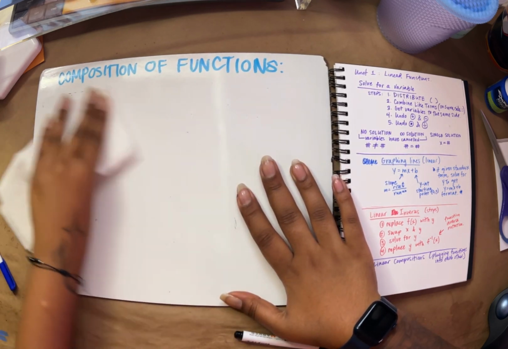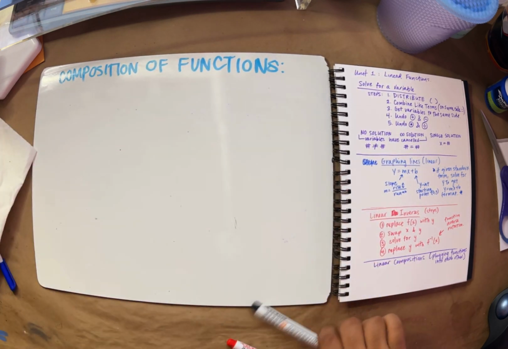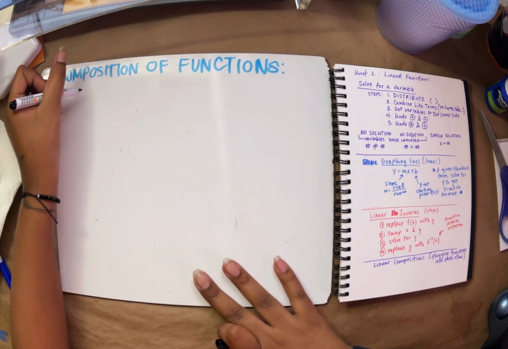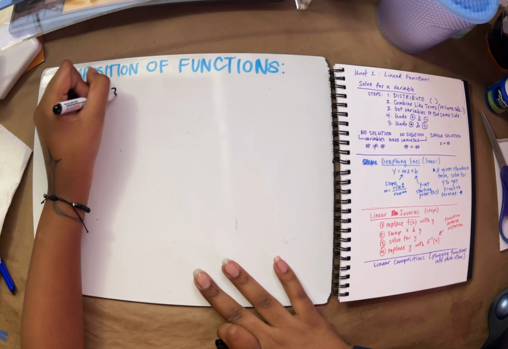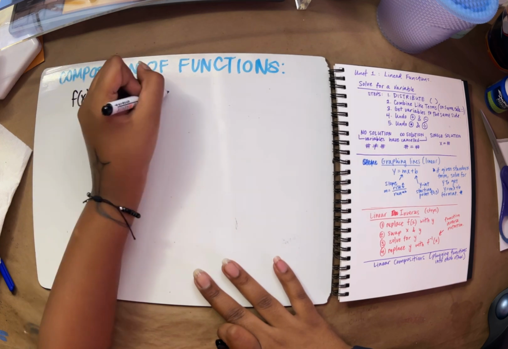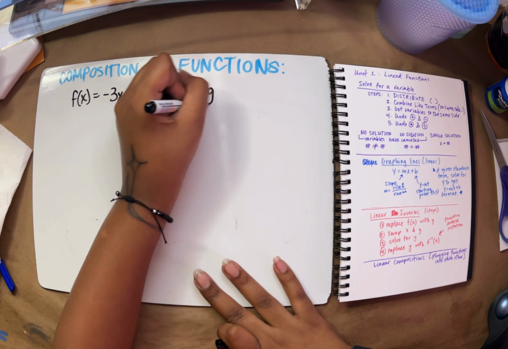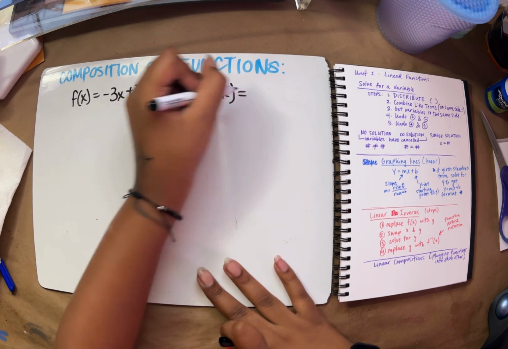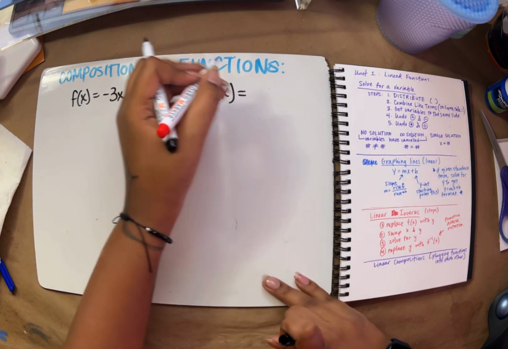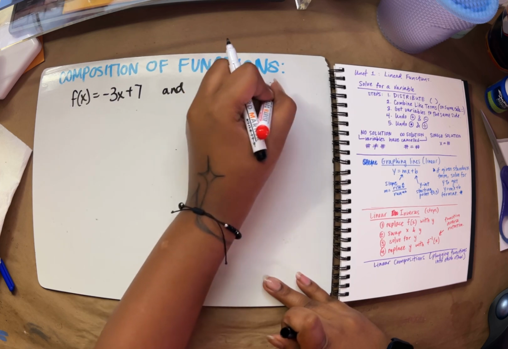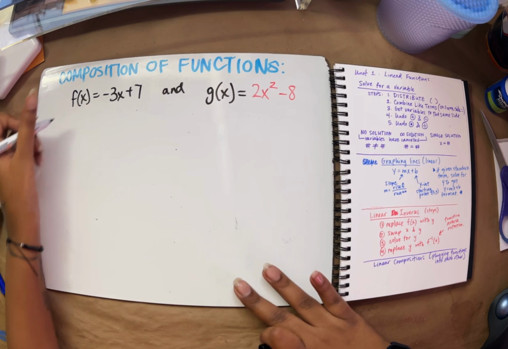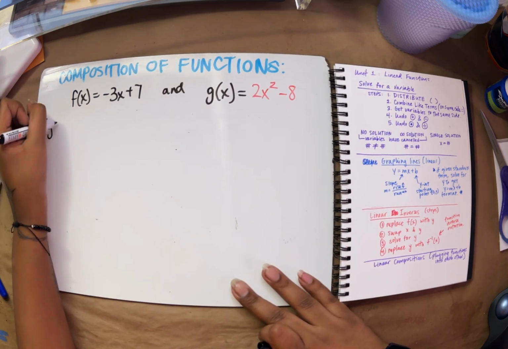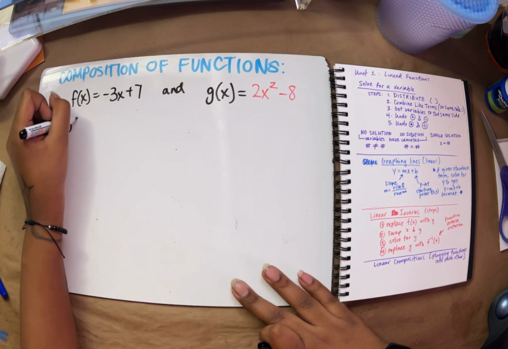Oh, I shouldn't have erased that, but that's okay. No big deal. So we have f of x is equal to negative 3x plus 7. And I have g of x is equal to, and I'm going to use my red pen, 2x squared minus 8. So this next question is asking g of f of x.